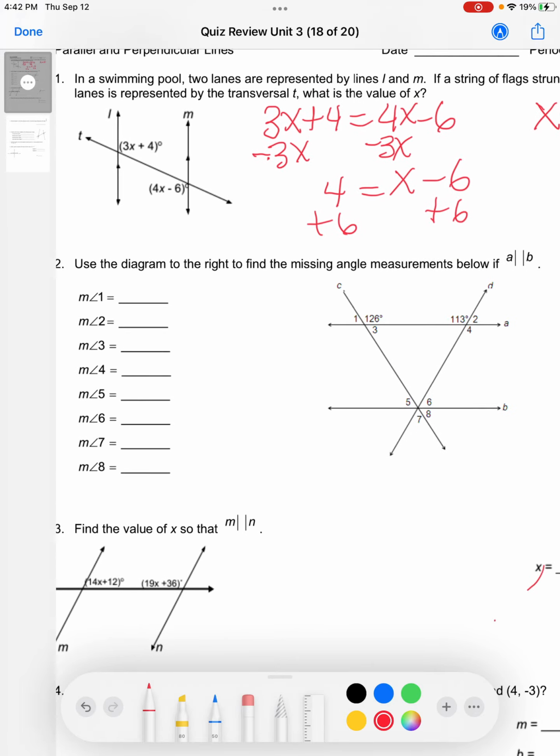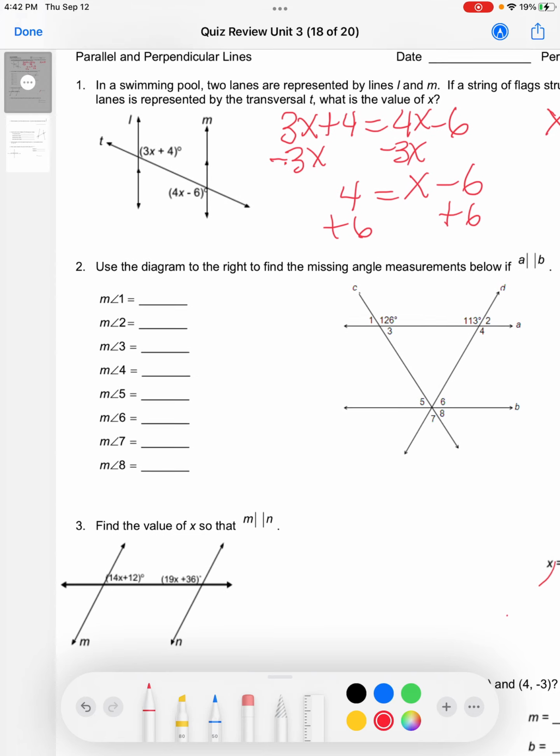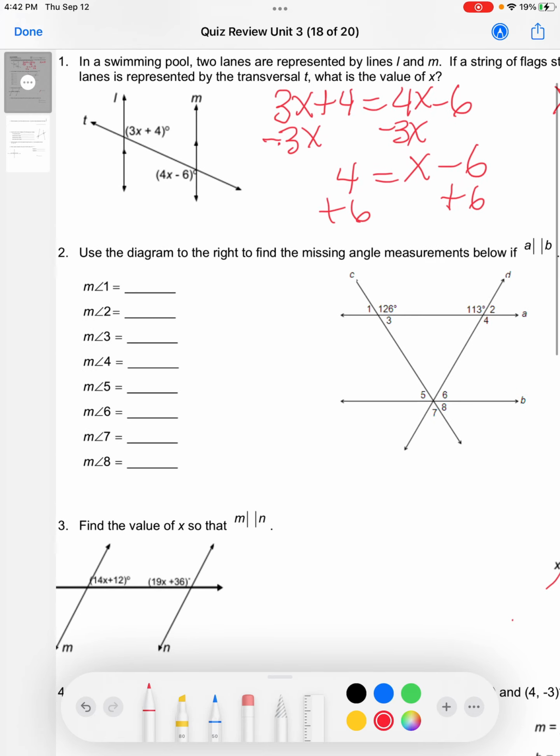Okay, it says use the diagram to find the missing angle measures below, if line A is parallel to line B. Angle 2 is going to be 180 minus 113, which is 67 degrees.